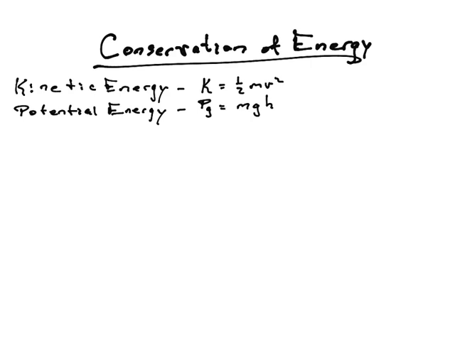The other type we're going to worry about is spring potential energy, which is if you compress or stretch a spring, then there's some energy stored in the spring waiting to be released. And that's 1/2 kx squared. So just to remember, m is mass, g is 9.8, that's gravity, k is called the spring constant.